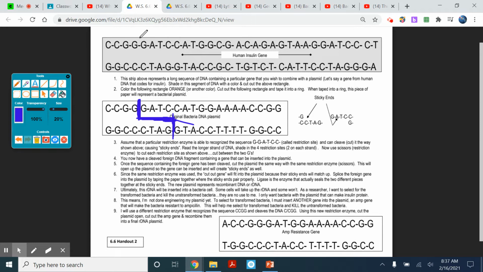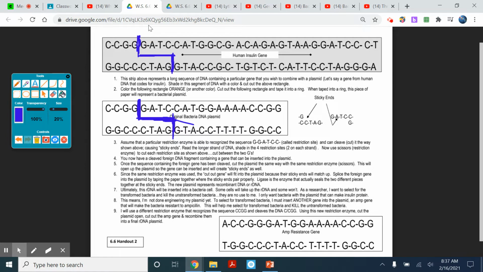And again, between the two Gs of that sequence, I want you to draw a line. And if you find GGATCC high, you also will find one low. So find GGATCC, that's the restriction site. When the restriction enzyme finds it, it cleaves it like this. Exact same way.